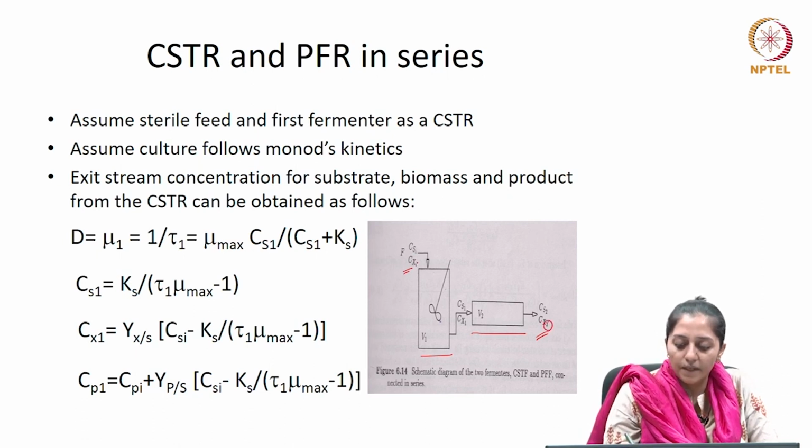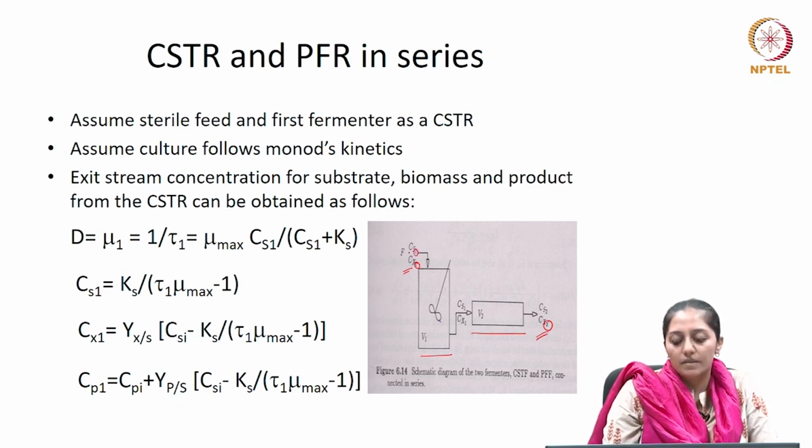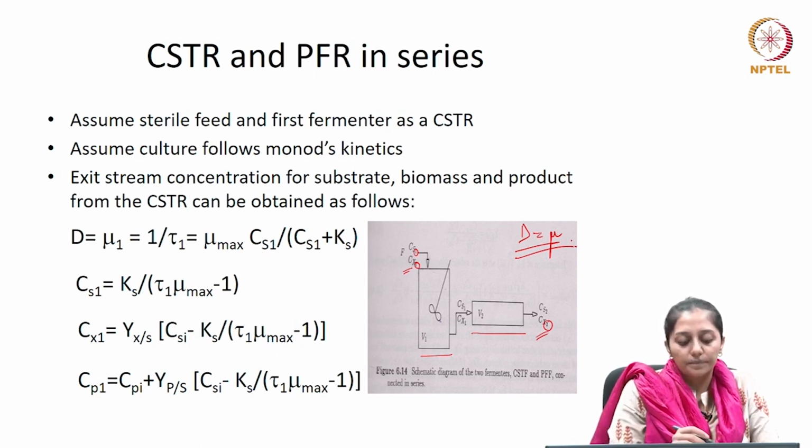Being a sterile feed, Cx1 is 0, but there is Cs1 as the incoming substrate feed inside the continuous reactor with a volume V1. Because it is an ideal CSTR running at steady state, we have already deduced that the dilution rate becomes equal to the specific growth rate of the culture in a steady state CSTR.